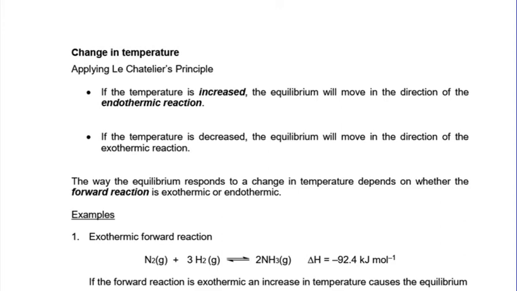The third of our conditions that we can change is temperature, and the most important thing to look for on this type of reaction is, when written out from left to right, reactants to products, is that forward reaction exo or endothermic?